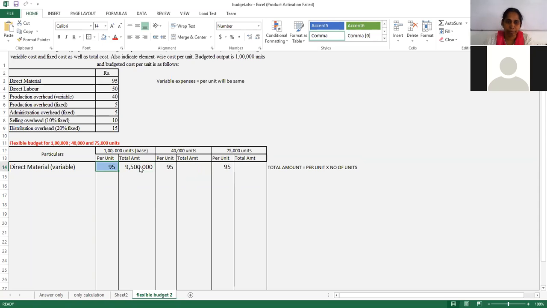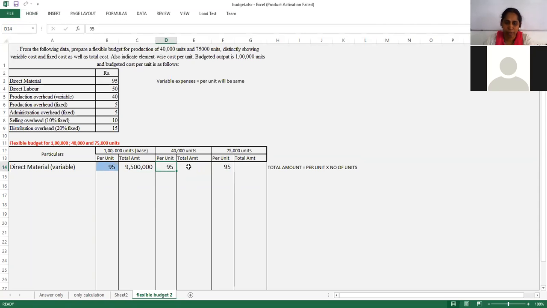So you can check the per unit. Now you are going to calculate the total amount. The total amount is easy: per unit multiplied by number of units. Per unit is 95 and the number of units here is 40,000. That's 38 lakhs.